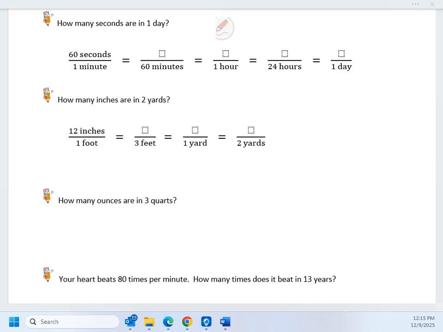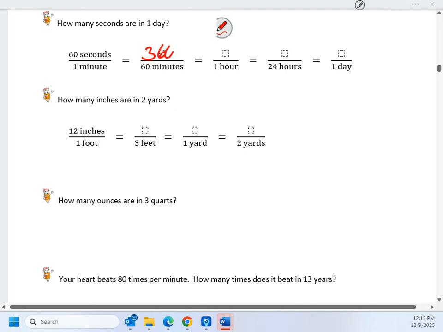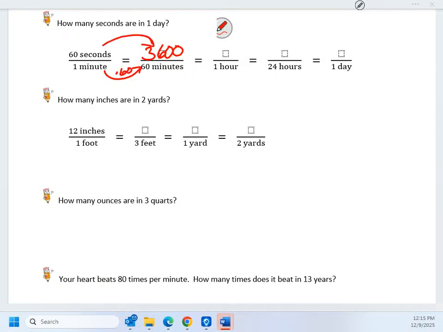If there's 60 seconds in 1 minute, how do we figure out how many are in 60 minutes? Ellen? 60 times 60. Yeah, so what is 60 times 60? Henry? 3,600. Yeah, so whatever you do down here, we multiply by 60. Up here, we need to multiply by 60.